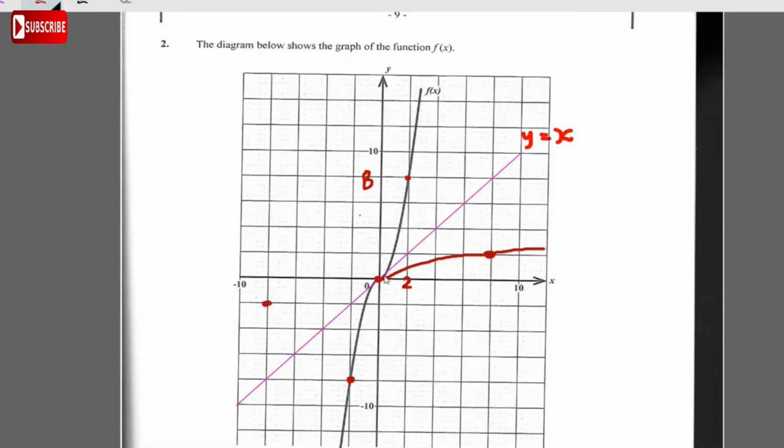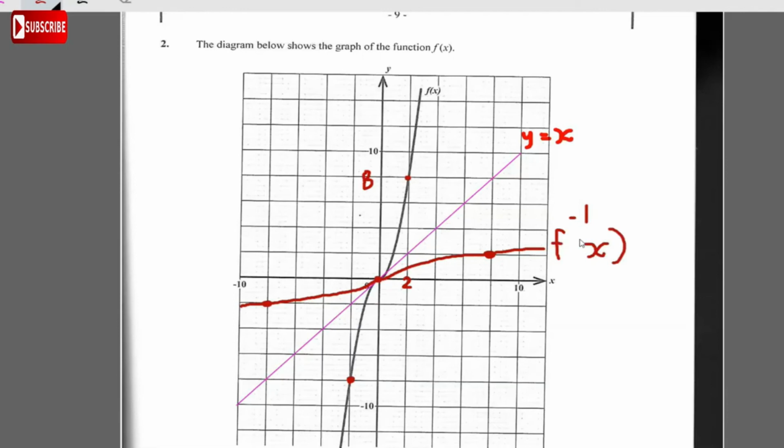That's a point, and so the inverse goes like this, passing through that point. Alright, and so this will be the inverse, f inverse of x.